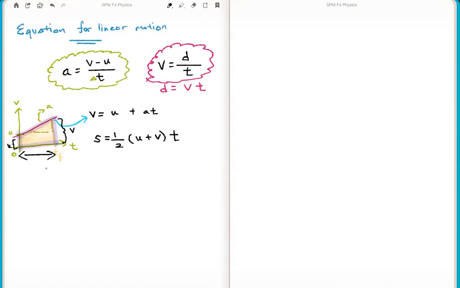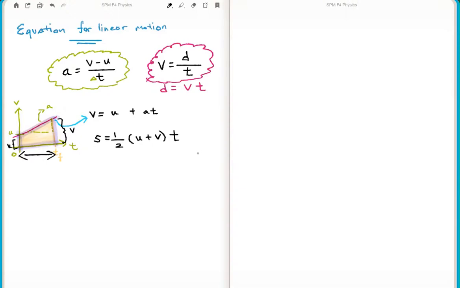So you need to know how to interpret this graph, then you get your equation. Otherwise you'd say it's very hard because you need to memorize it.